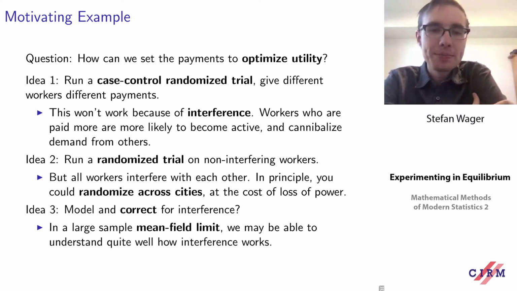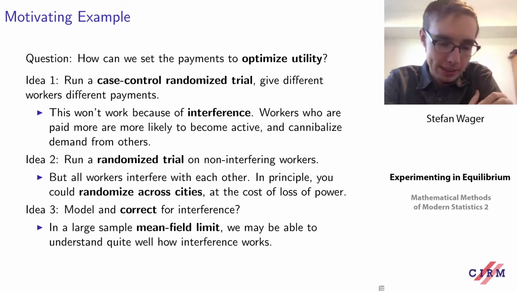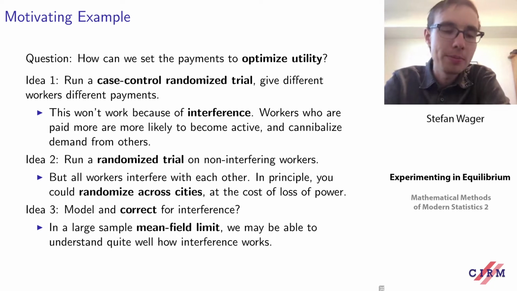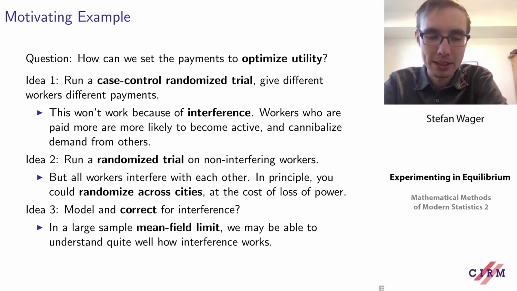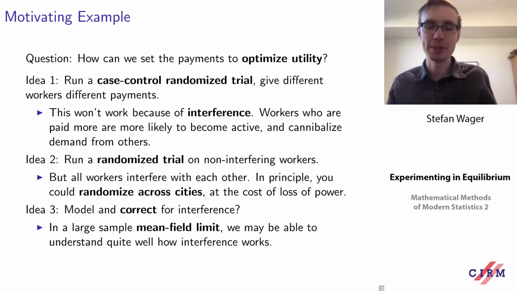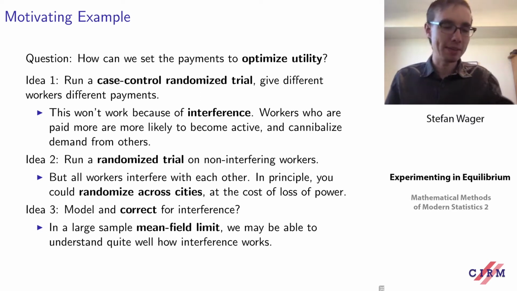And in this context, the question of this talk is, can we do a little bit better and use our understanding of where this interference is coming from? It's not that workers just generically interfere with each other. It's like worker A interferes with worker B if worker A does more work and therefore reduces the expected amount of work worker B can do.